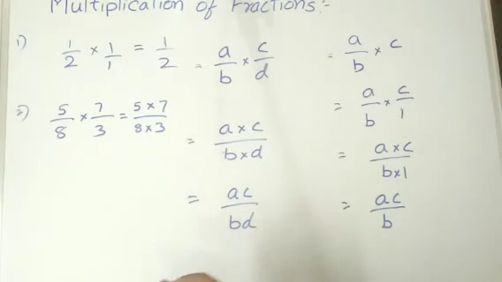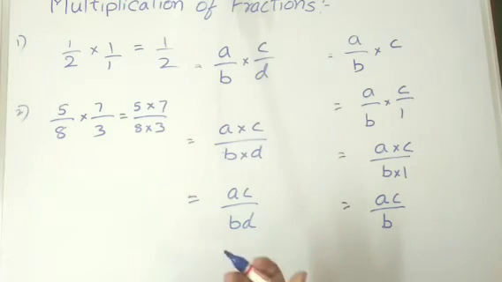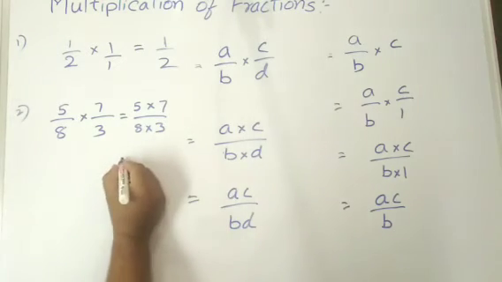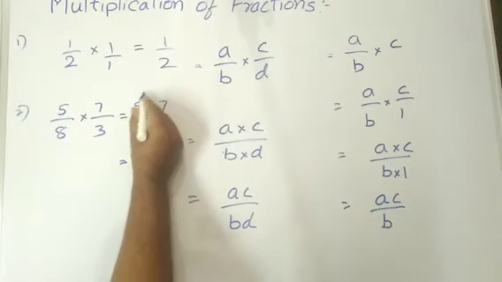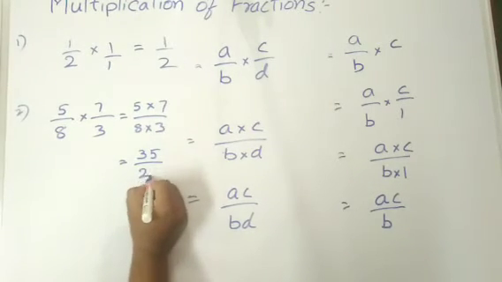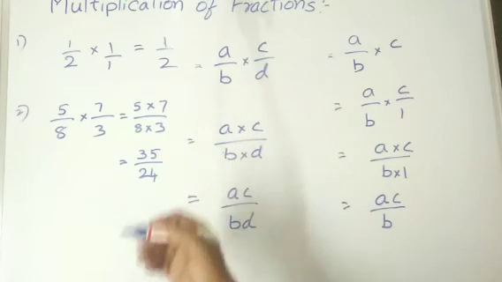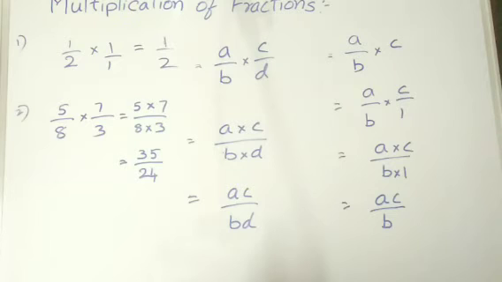If it is possible to cut the numerator and denominator, meaning if you are able to take the same number as common in the numerator and denominator, we can cancel. Otherwise, no. From here I cannot take anything common. So now I can write the answer: 5 7s are 35 and 8 3s are 24. If it is possible by any one table to cancel, then you can cancel.